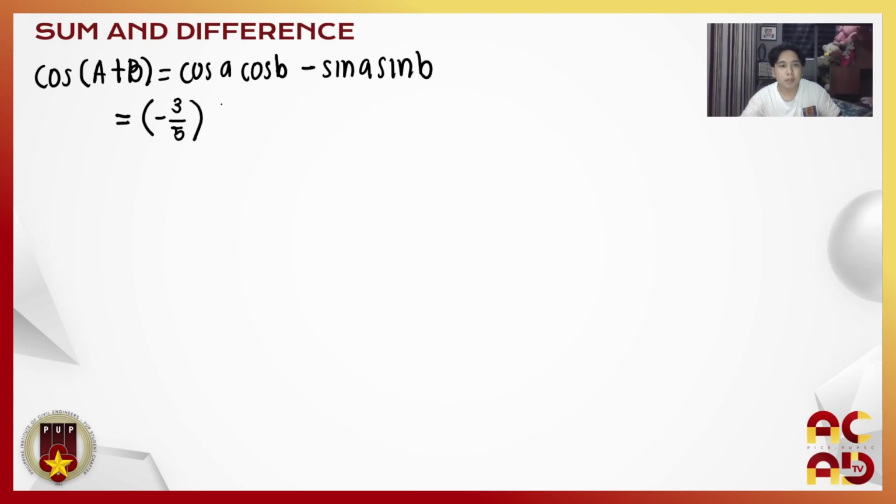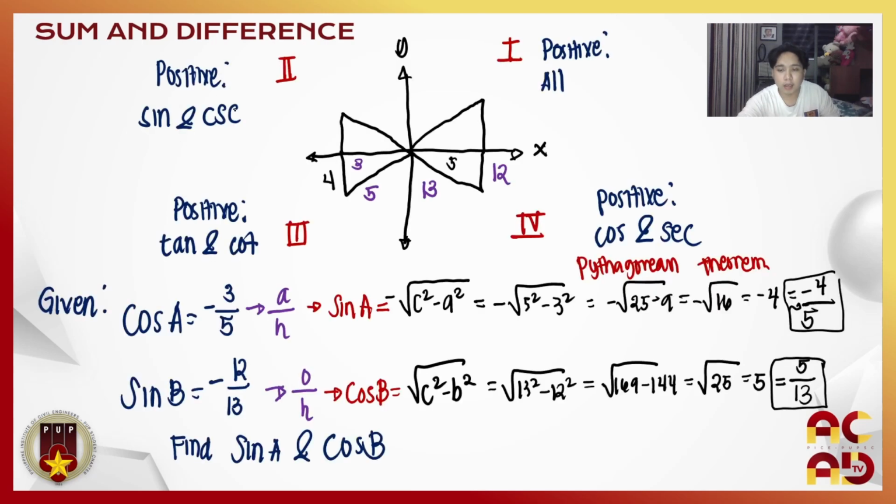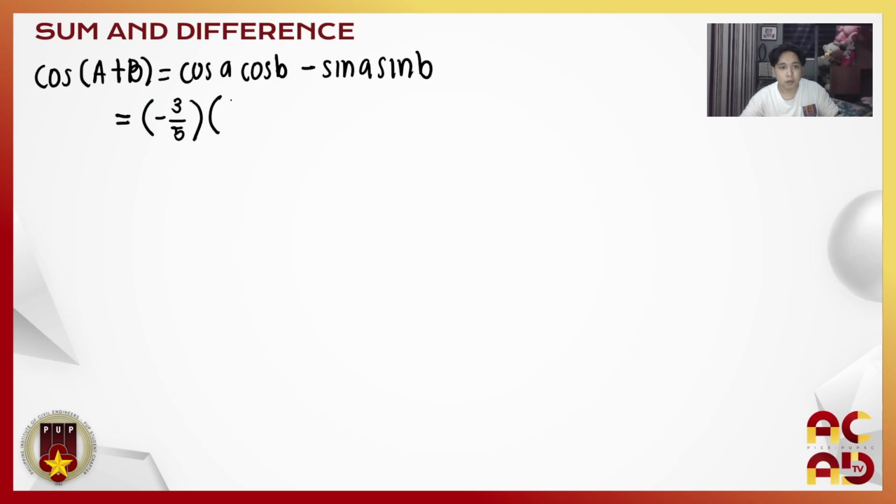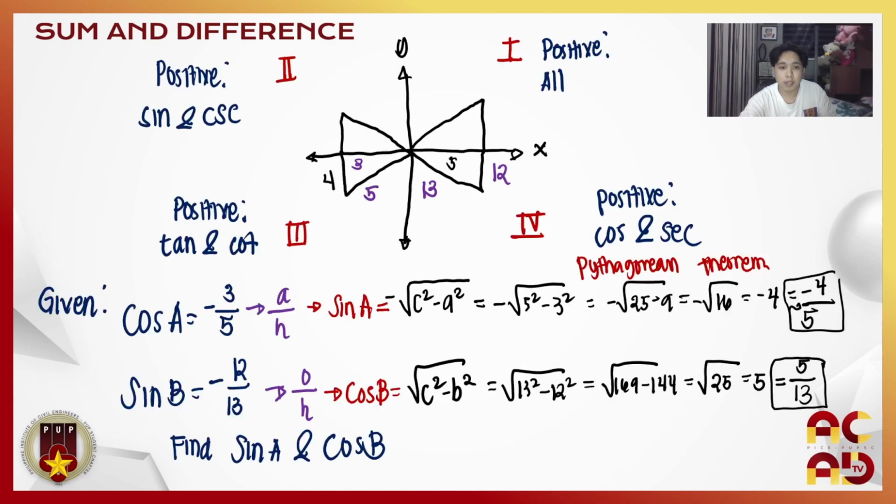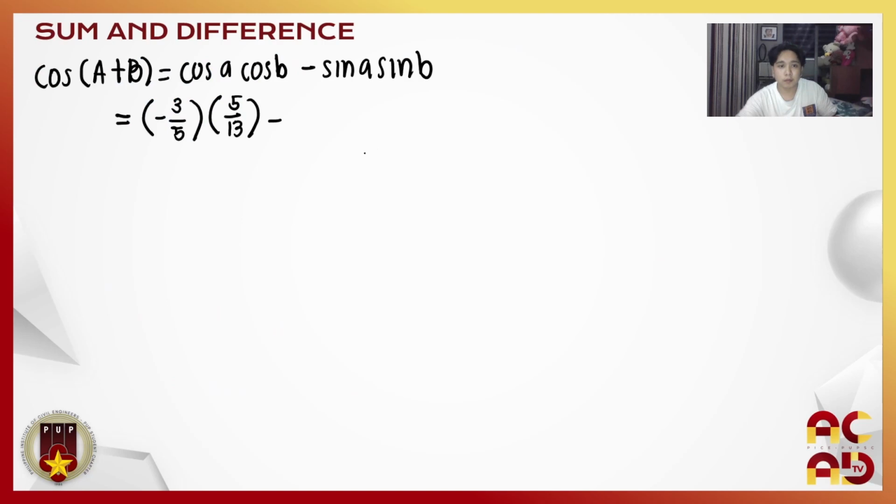And then yung nahanap natin na cosine B, 5 over 13. Then minus, yung sin A natin, which is yung negative 4 over 5. And then yung sin B natin, which is yung given na negative 12 over 13.